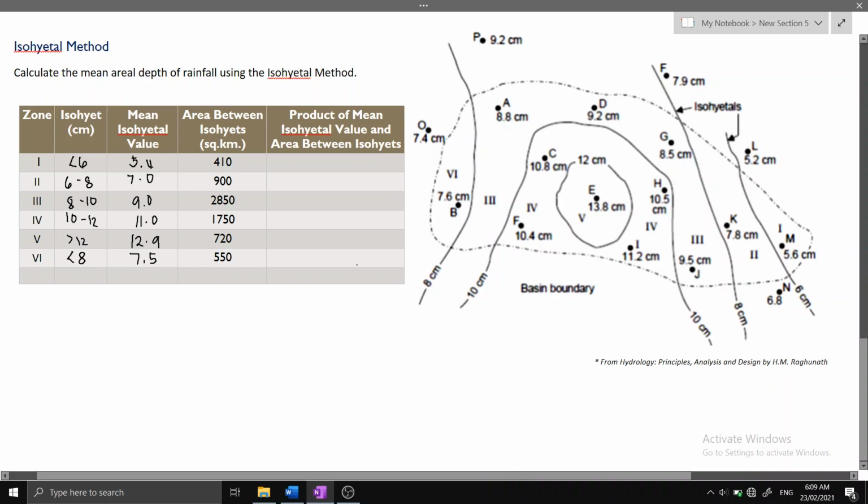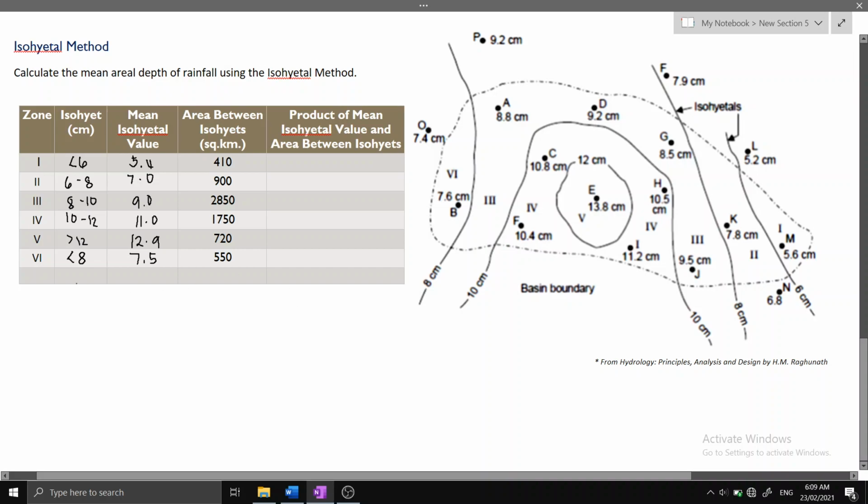So, if you have encountered a problem that, for example, the given isohyet here is 8 and there are no rain gauges in the figure, you can simply set it as a number a bit smaller than 8 centimeters, such as 7.5.